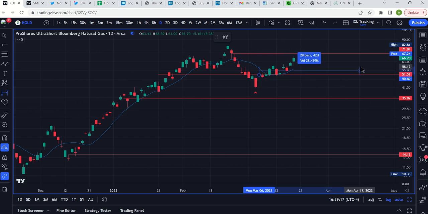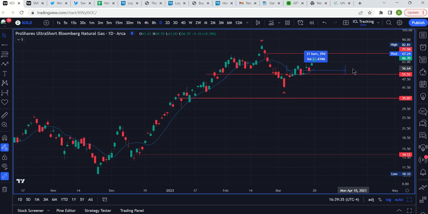So let's say this thing runs till that April timeline, right? So that would be a rally of about 22 days. And then the presumption is that it would start its decline as natural gas starts its rally. So that's easily another couple weeks of upside again as natural gas continues to decline.